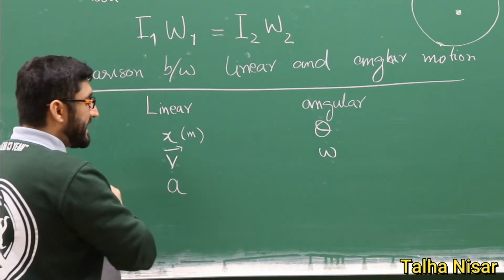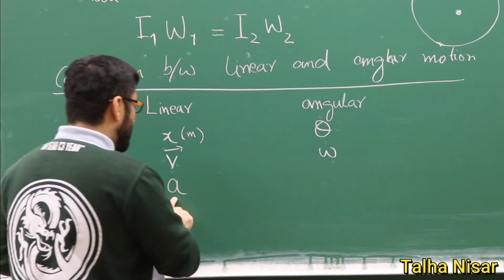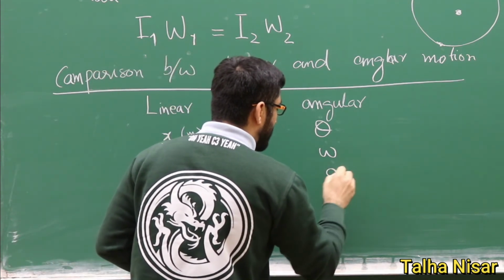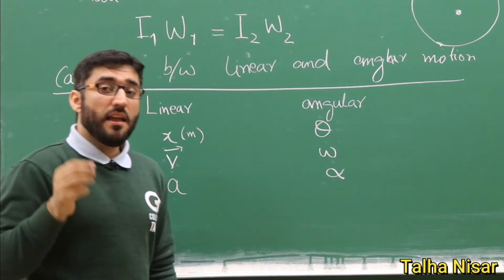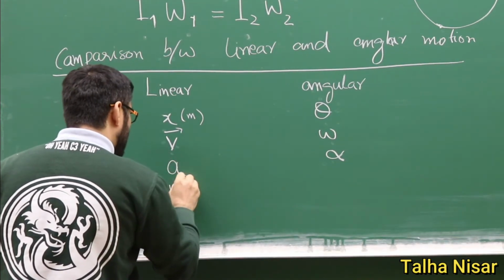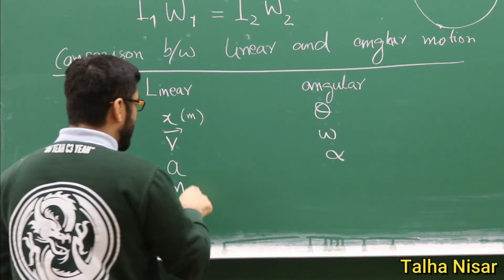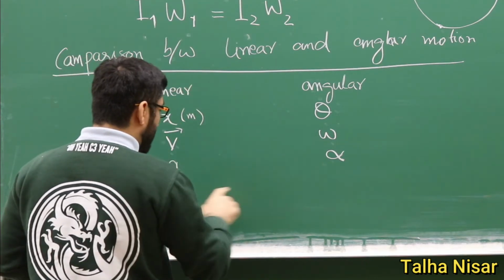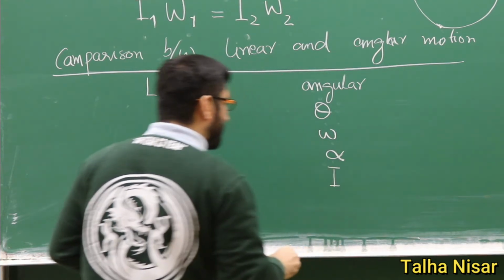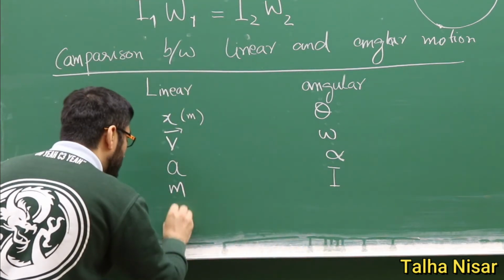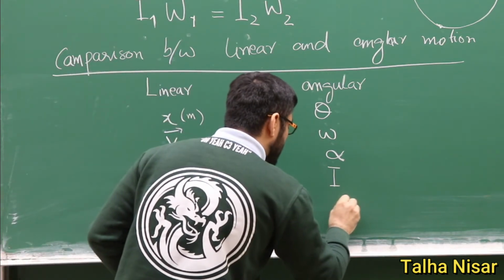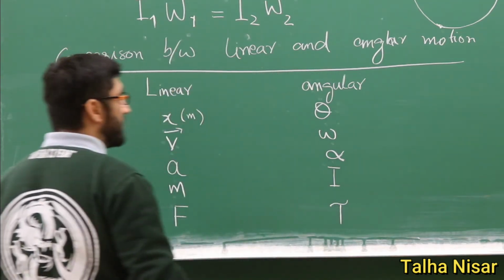So we have a linear acceleration, represented by a, and then the angular acceleration, represented by alpha. We have the mass in the linear case, and the equivalent is the moment of inertia. And when we have a force in the linear case, in the angular case we have a torque.